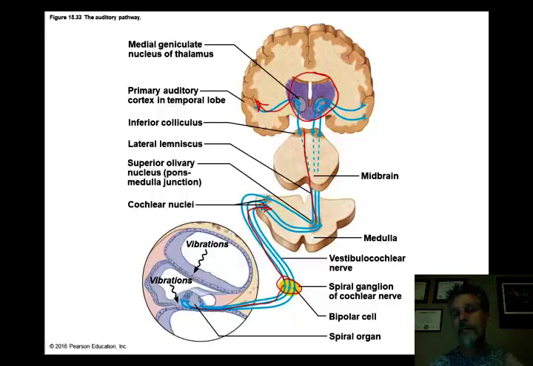So this is one of the cases, kind of like when we were talking about olfaction and gustation, that the area of the cerebrum processing the sensory information is right near the sensory organ receiving it. Now, we know that's not the case with the eyes, because where are those signals going? Going back to the occipital lobe. But in this case, it makes sense. It goes right into the auditory cortex of the temporal lobe.